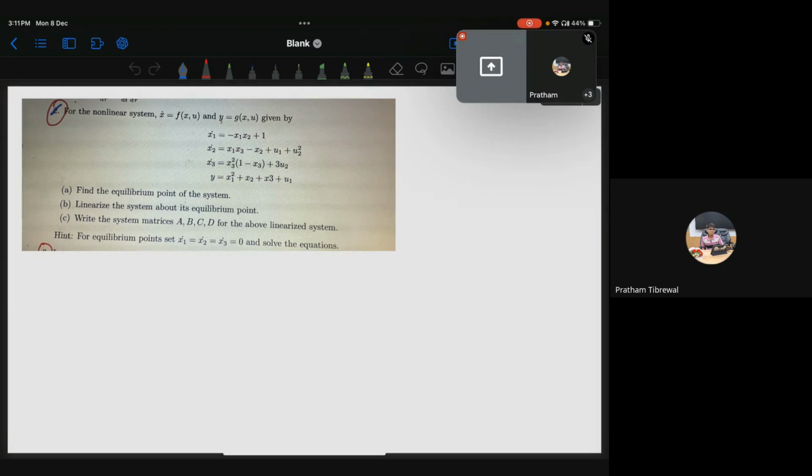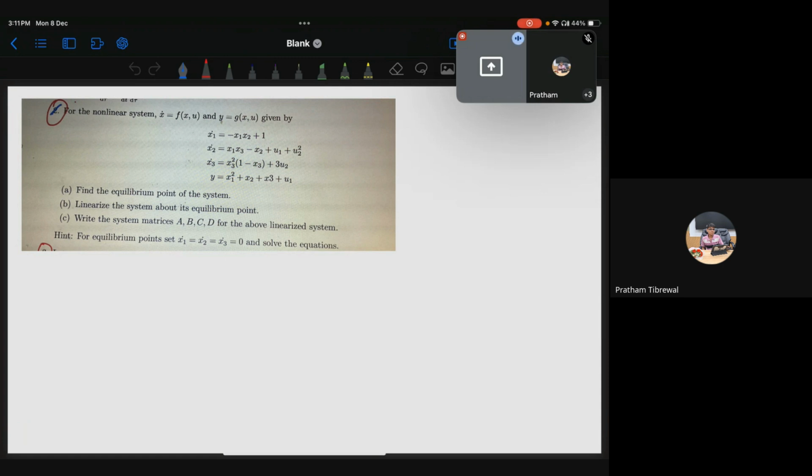I think in the previous class, previous week, we did finding the equilibrium points and then linearizing the system about that equilibrium point. So let's solve one more question quickly. Basically, equilibrium point means the point where the system states will not change.